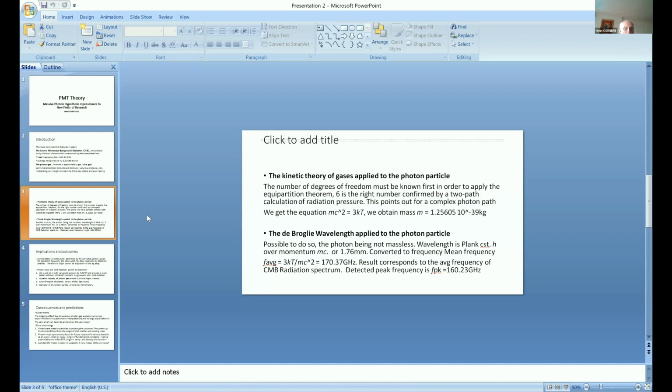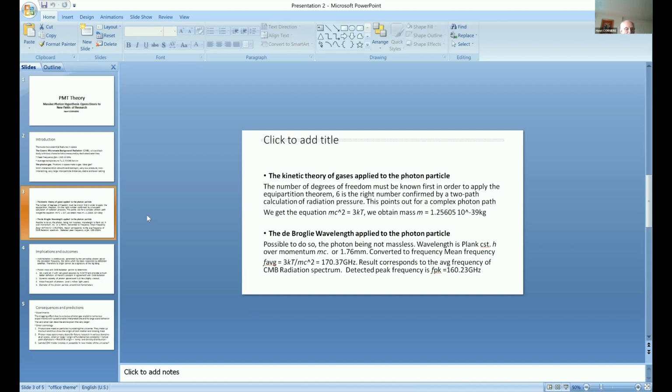So we can calculate that frequency, and we find a frequency of 170.37 gigahertz. This is a quite interesting result. This is the mean frequency of the CMB radiation. On the other hand, the peak frequency was found to be 160.23 gigahertz.